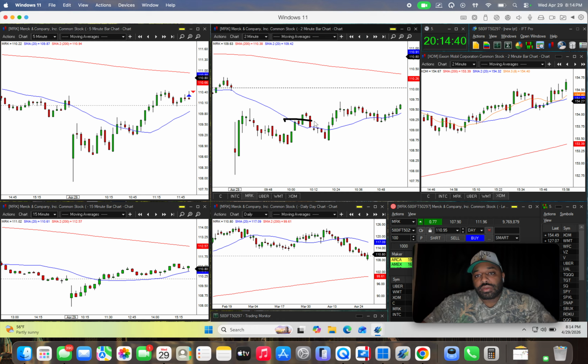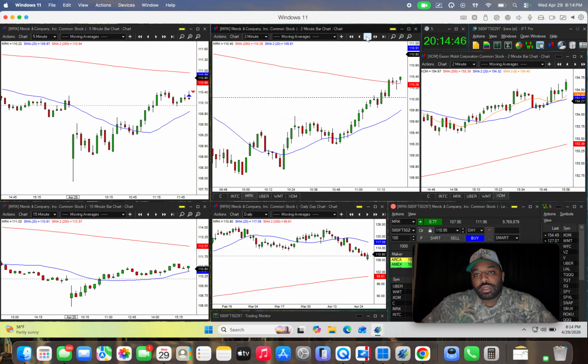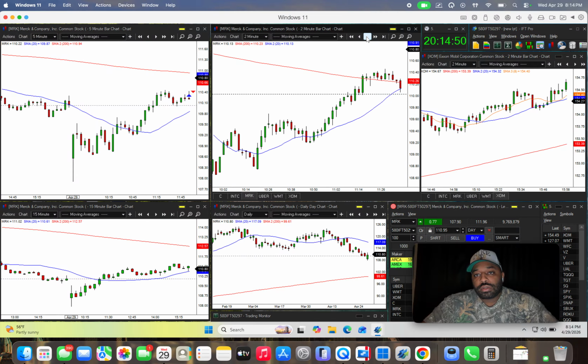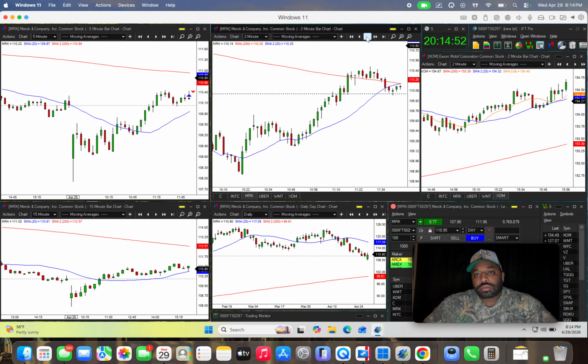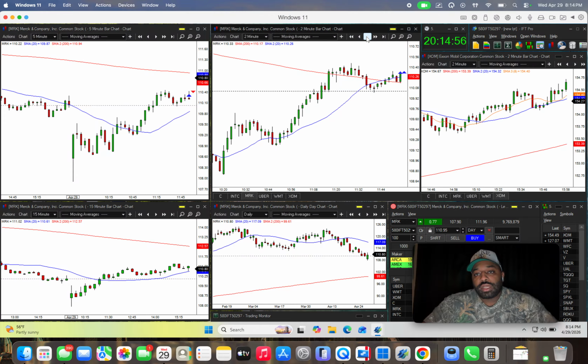And now the 20 is pretty flat. So what we did here is we were looking at position of power, green bar takeout, set the stop below. We measured it. It was only 10 cents.